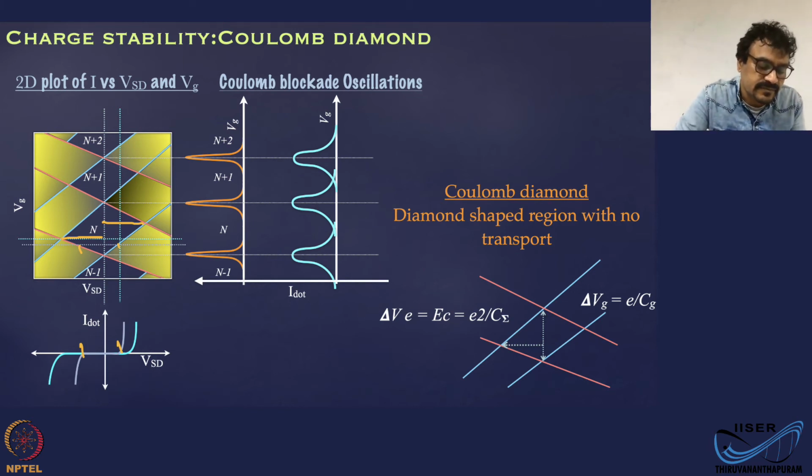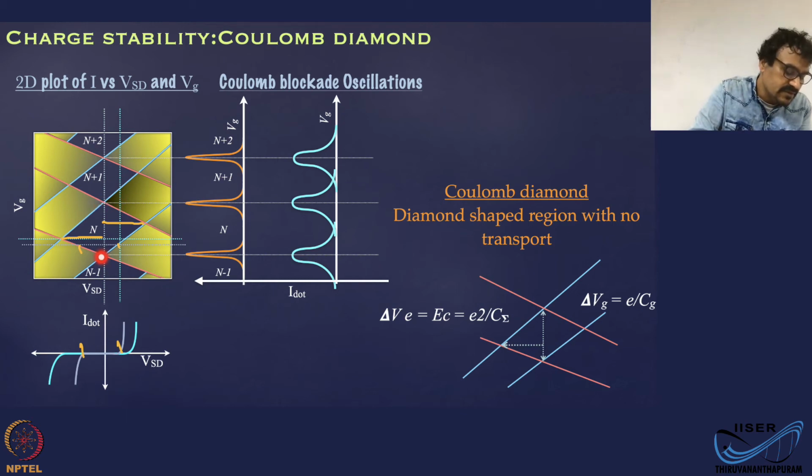Similarly, the periodicity here should be e by Cg, because this diamond differs by one electron. Inside this diamond, you have a charge which is stable. There is no transport, the charge is locked. So you have n plus 2, n plus 1, n minus 1, and so on.